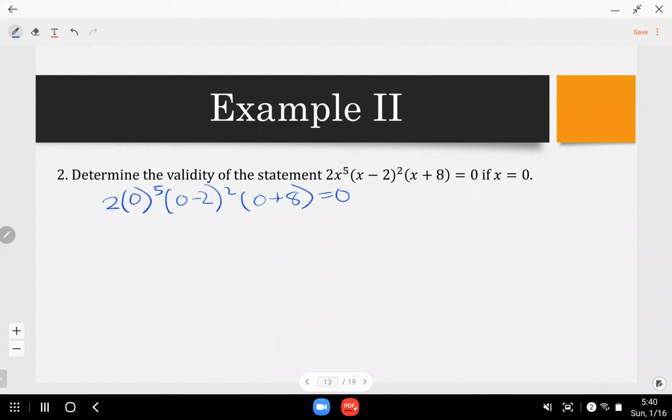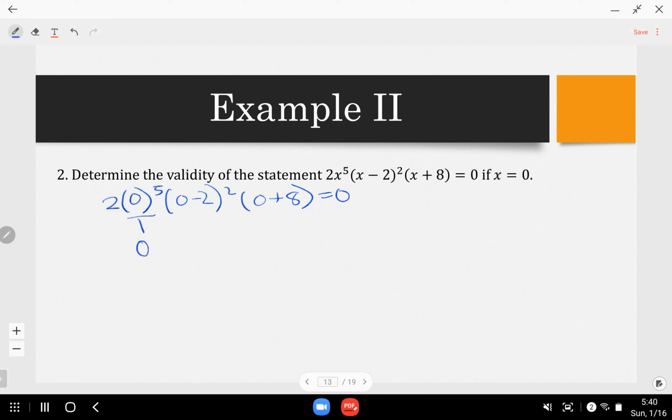So next step, how are we going to do this? Automatically we know that it's equal to 0. Why? Hold on, let me erase this. Why do we know that's 0? Look at this exponent. 0 to the 5th is going to be 0.